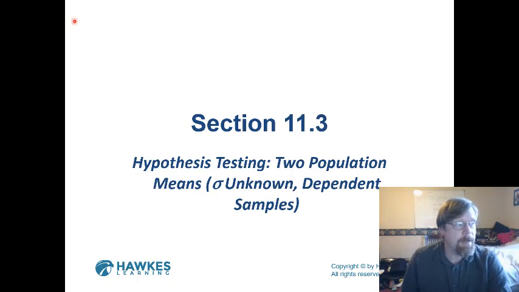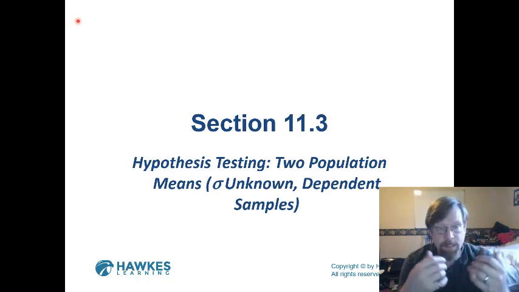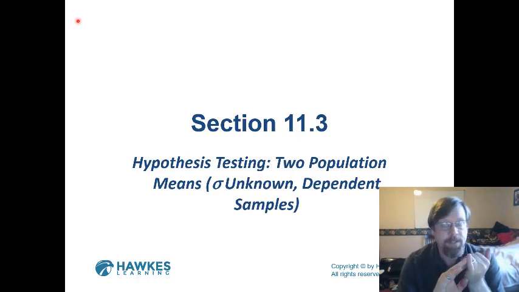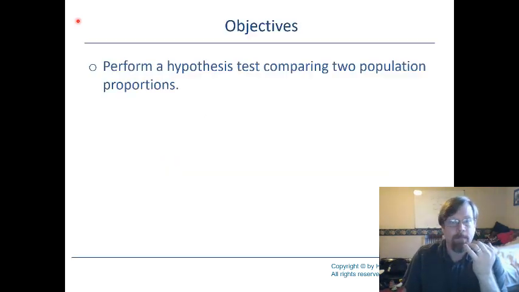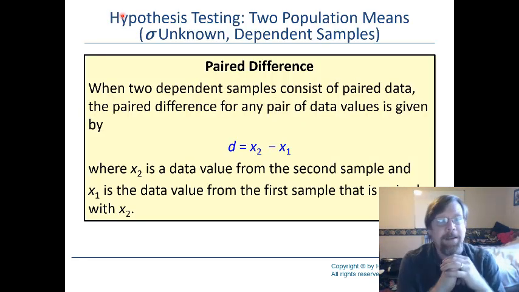Right now we'll talk about hypothesis testing with two means when we don't know the population standard deviations and we're dealing with dependent samples. And that would be the objective for section 11.4, not this one, so let's just skip that.